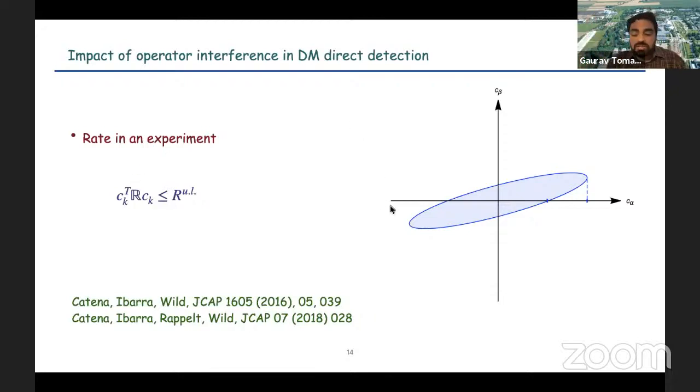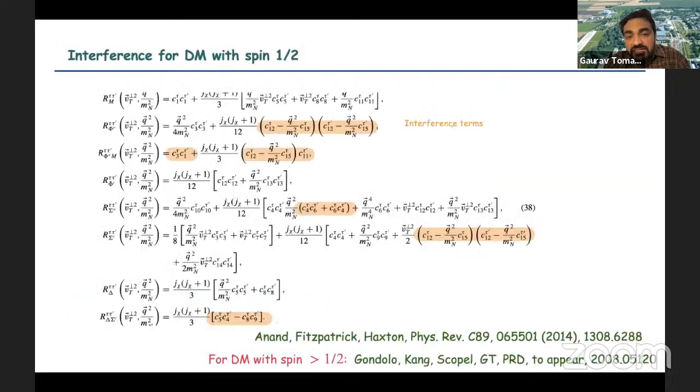If it is more than 2, then it will, of course, be an ellipsoid. Okay, so we found out this is for xenon. This is the ellipse.